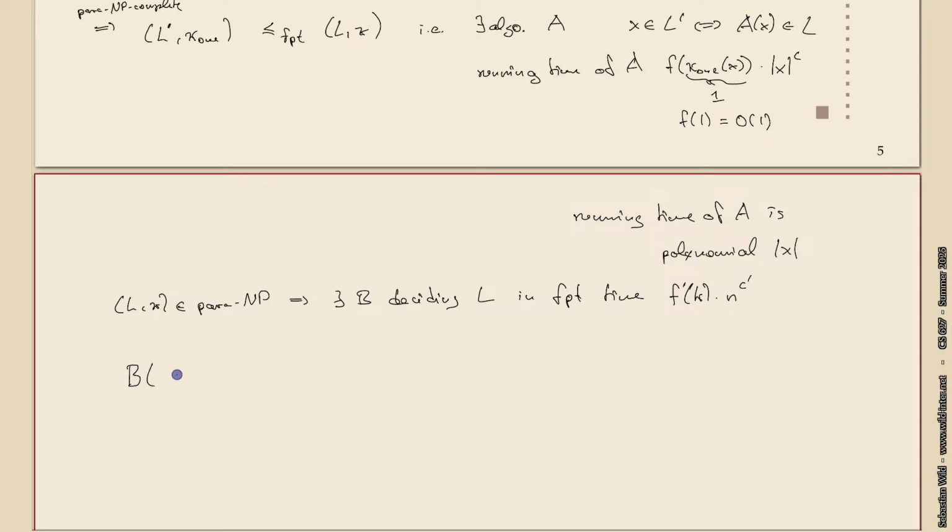So if I take B and apply it to the output of A, this decides L prime. Sorry, that part is useless because that's a non-deterministic algorithm. Forget about it. I don't think we need that.